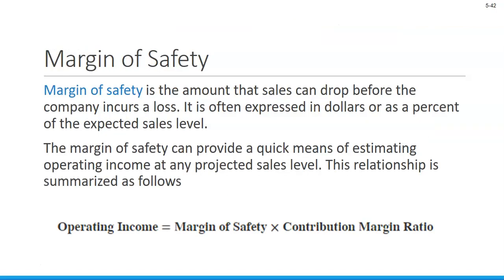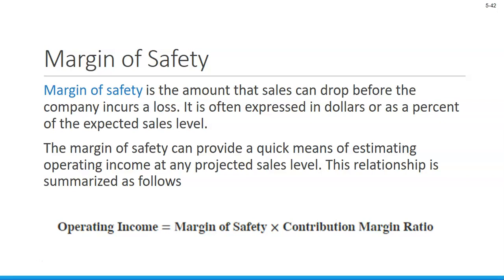Margin of safety is the amount that sales can drop before we incur a loss. So the margin of safety is the difference between a positive operating income and our break-even point of $0 in operating income.